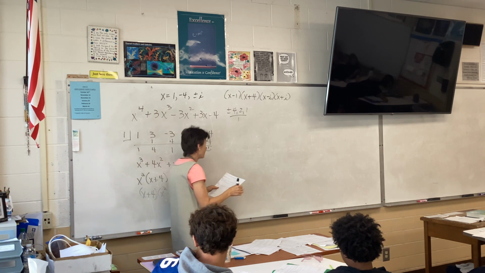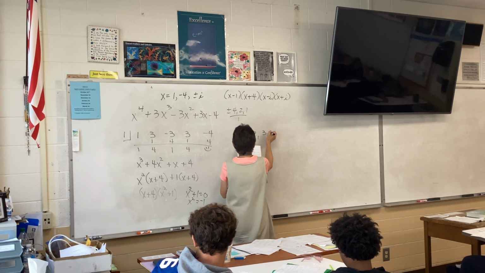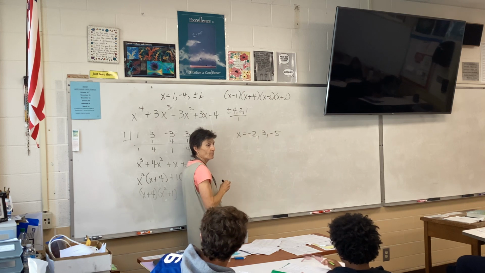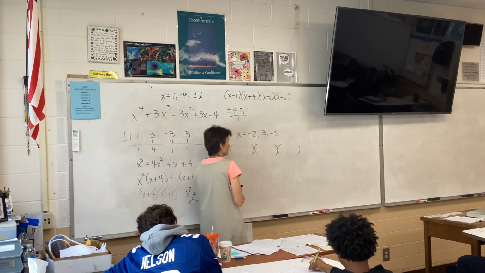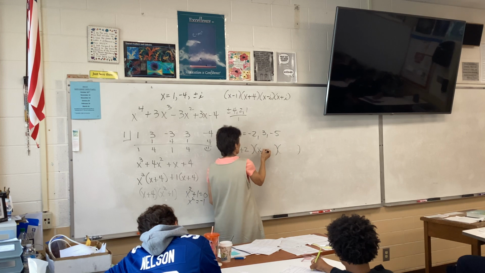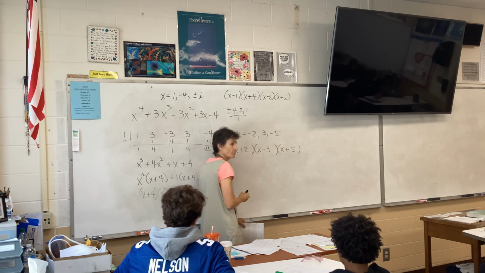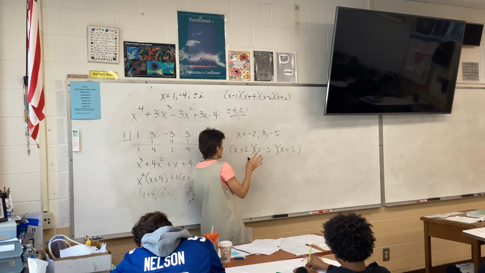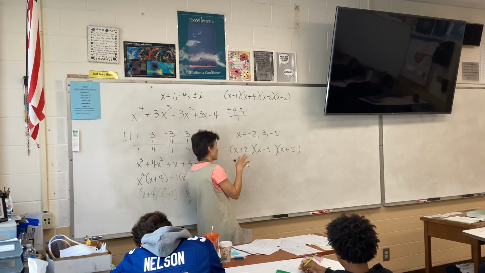Find a cubic function with the given zeros. Here we go. Write those linear factors, x plus 2, x minus 3, x plus 5. Okay, we're going to FOIL this one out, so here we go. The order you do it doesn't matter. You have to multiply 2 of them, and then multiply the third one times that.